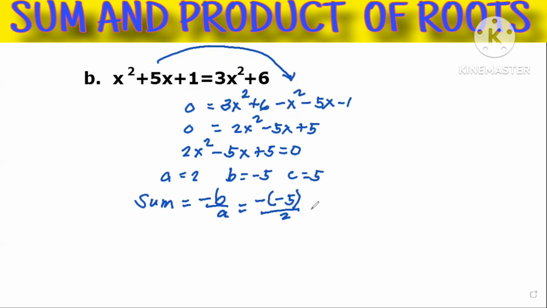But negative of negative 5 is positive 5, so the sum is 5 over 2. Now, to get the product, we have C over A, then C is equal to 5 and A is equal to 2. Then the product is 5 over 2.